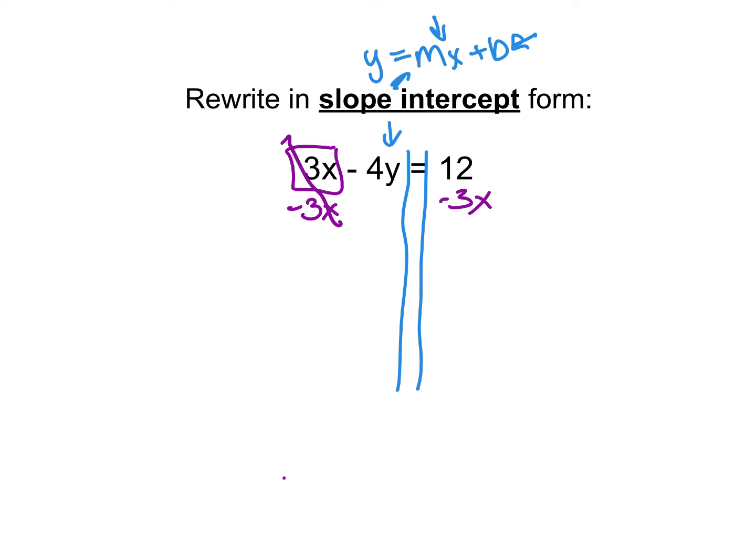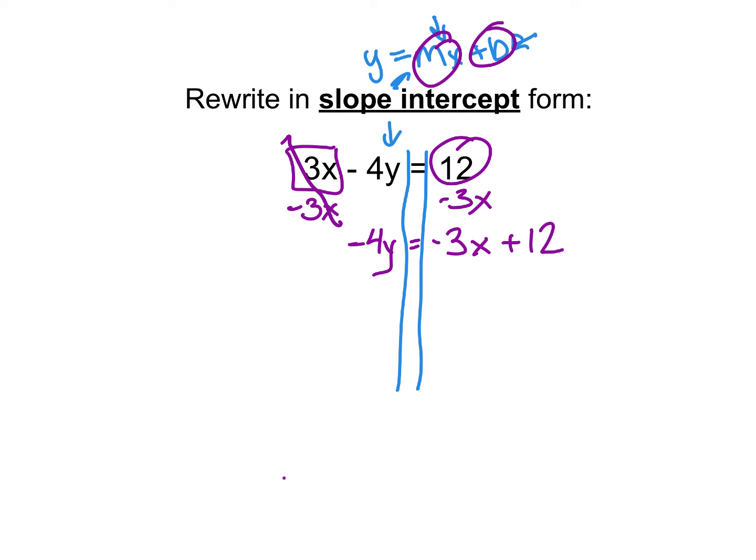So now those cancel out, and I have negative 4y on the left side, and on the right side, I want to keep my mx plus b form. So I'm going to put the term with the x first, and then the term without anything second. I'm saying plus 12 because it's a positive 12. If that were a negative number, I can say minus on there.